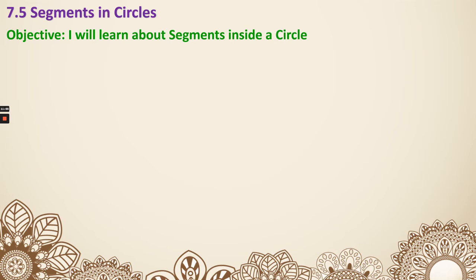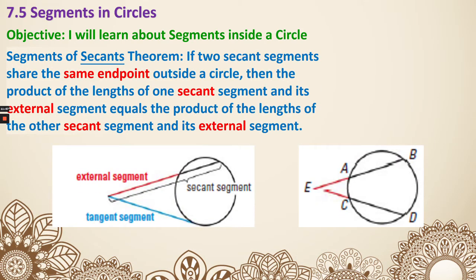Next, segments of secants theorem. Two secant segments share the same endpoint outside a circle, and the product of the length of one secant segment and its external segment equals the product of the length of the other secant segment and its external segment. So the first graph is just kind of showing you where the external segment is.